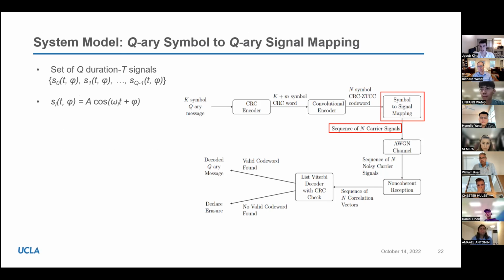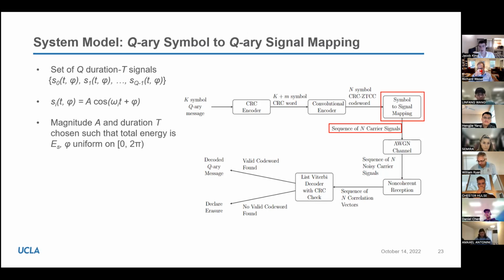We use QFSK as our modulation scheme, meaning that we have a set of Q signals denoted S_0, S_1, up to S_{Q-1}. Each signal takes the form of A cosine omega_i t plus phi. The magnitude A and duration T of these signals are chosen so that the signal has total energy E_s. Since we have non-coherent reception, we also model phi as a random variable that is uniform on the interval 0 to 2 pi, and phi is unknown to the receiver.